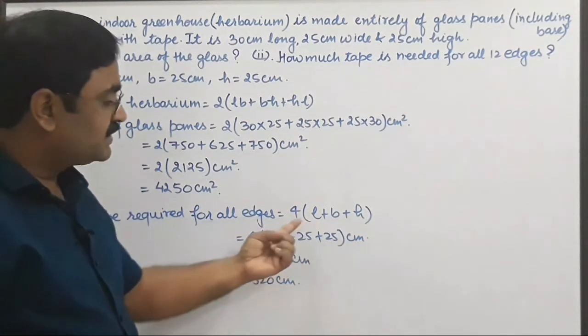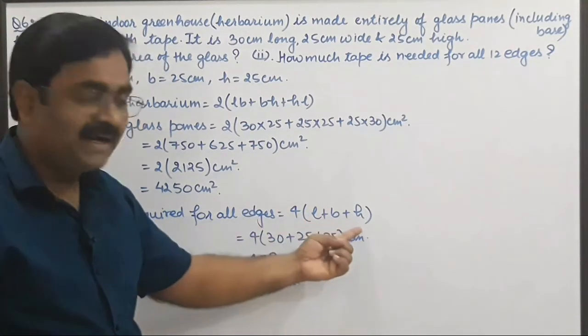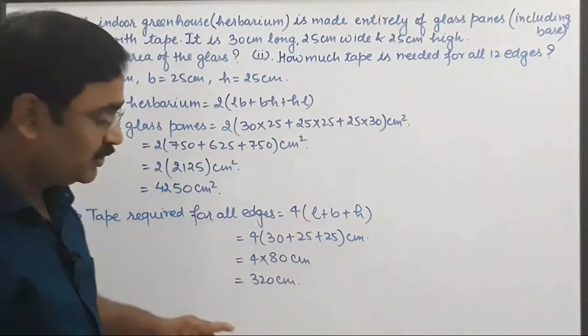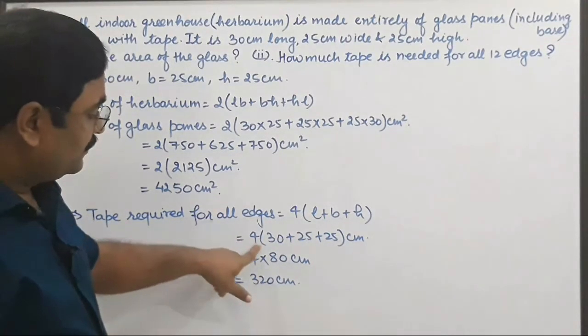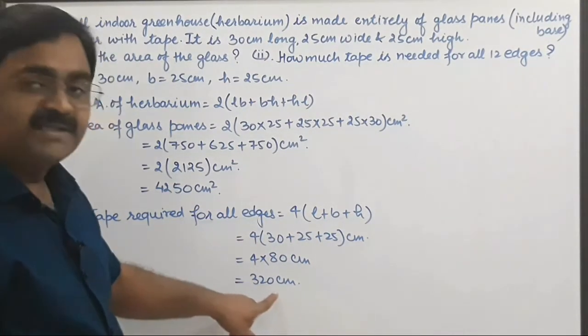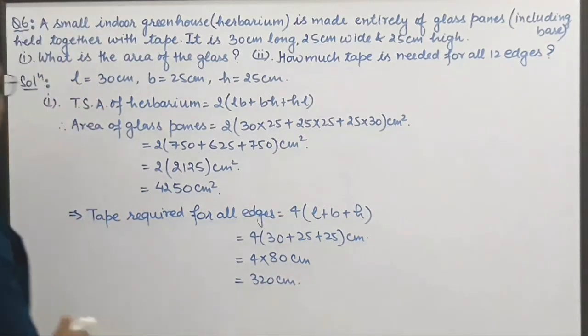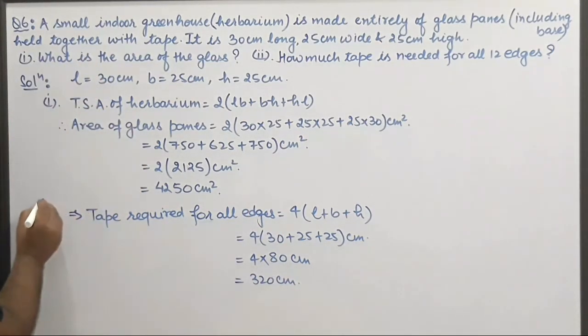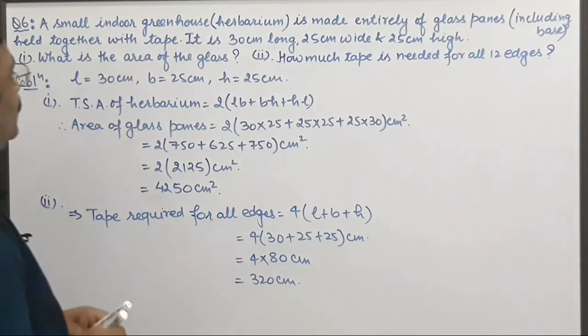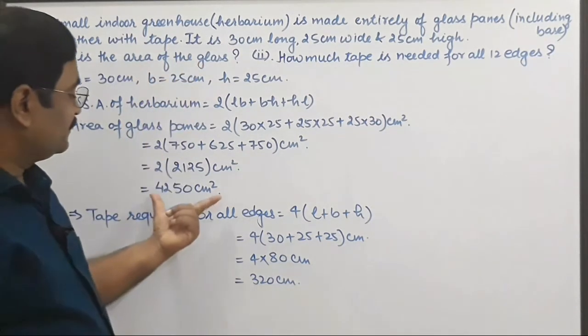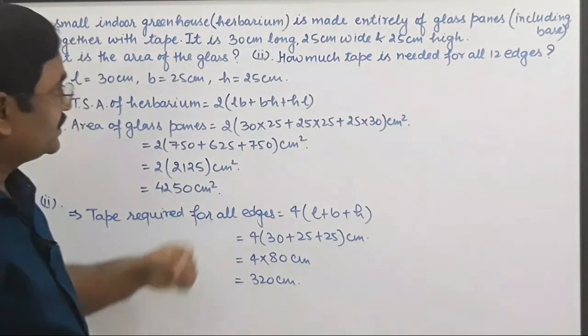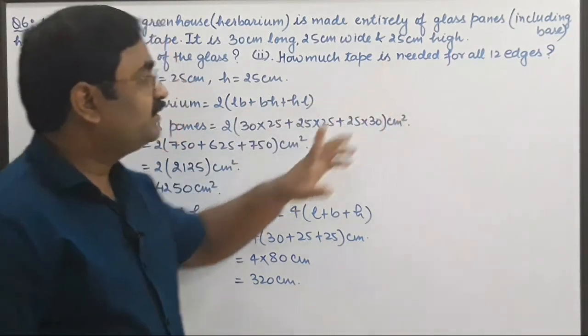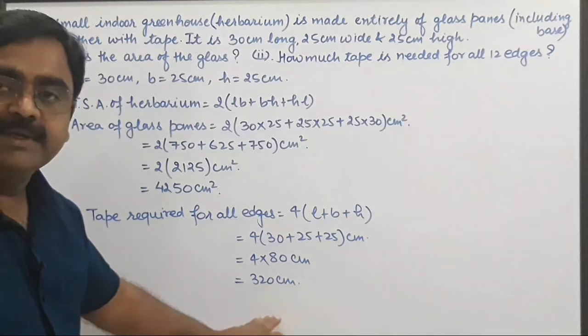Why? Because length is 4 times, breadth is 4 times, and height is also 4 times in the cuboidal box. Therefore we got 320 centimeter. So this was the answer of the first one, and this was the answer of the second. Therefore the total area of the glass pane is 4250 centimeters square, and the length of tape is 320 centimeters.